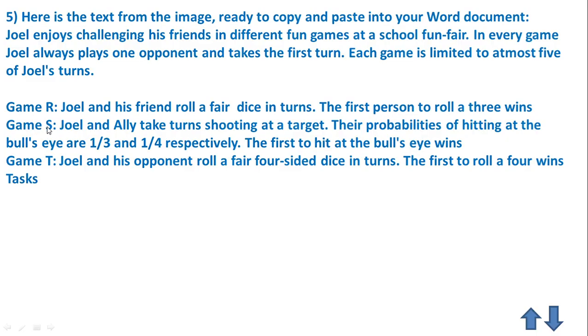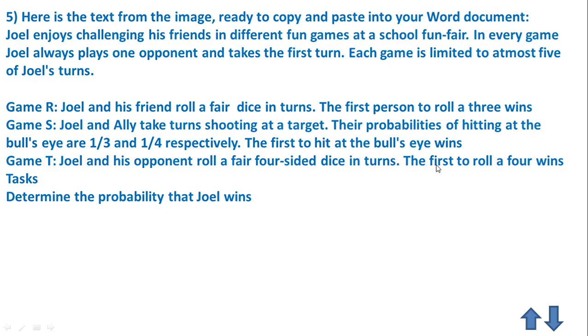Game S, Joel and Ali take turns shooting at a target. The probabilities of hitting the bullseye are 1/3 and 1/4 respectively. The first person to hit the bullseye wins. Then game T, Joel and his opponent roll a fair 4-sided die in turns.